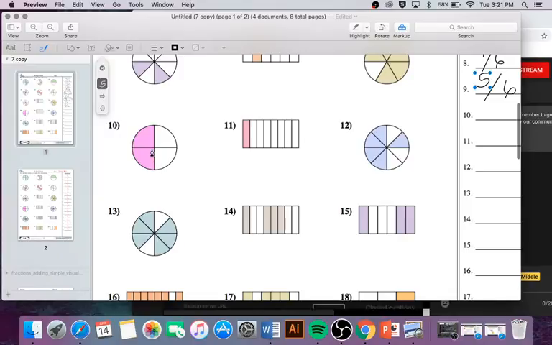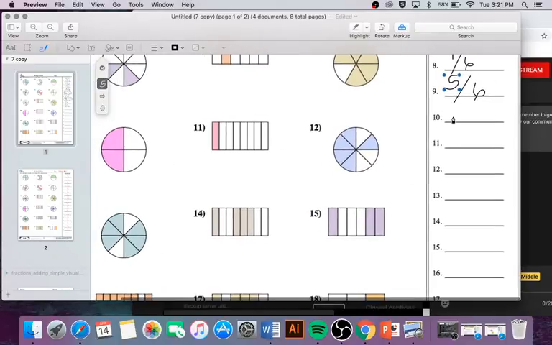Number 10, we have 1, 2, 3, 4 parts in our whole. And we have 1, 2 parts shaded in. 2/4 is not in simplest terms.